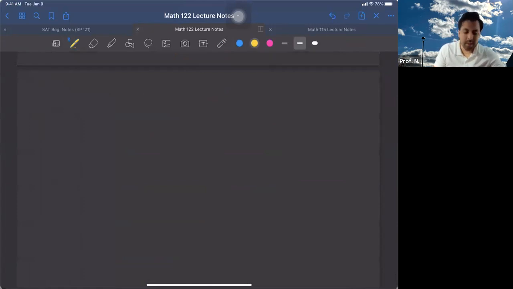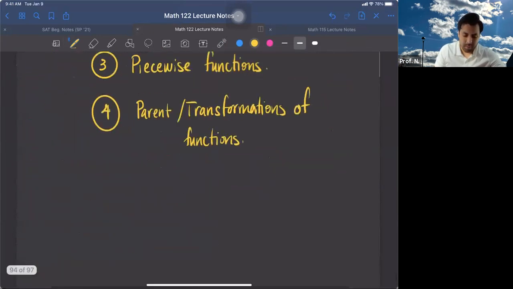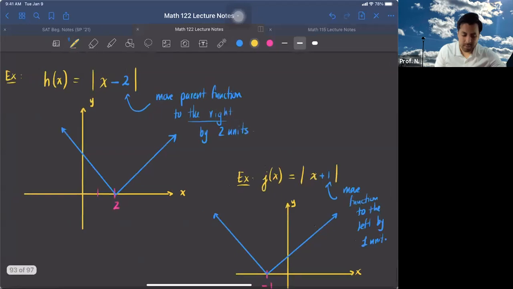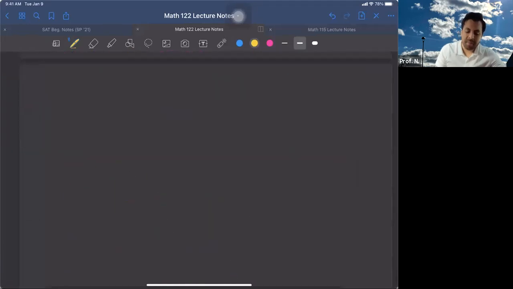Okay, so let's continue with transformations of functions. So far, the only thing we've discussed here was horizontal and vertical shifts. So we're going to continue with transformations of functions.